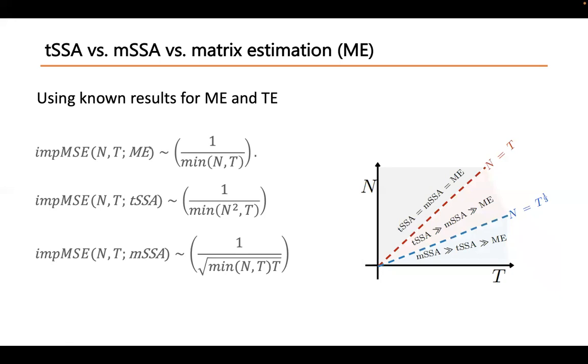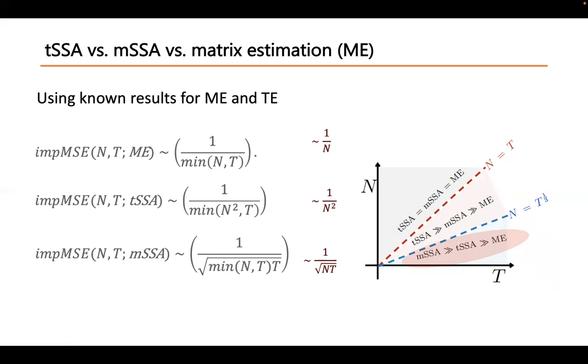So when you have T being a lot larger than N, then in that case, MSSA wins. In particular, MSSA will have a rate scaling as 1 over square root of NT. TSSA will have a rate of 1 over N squared.